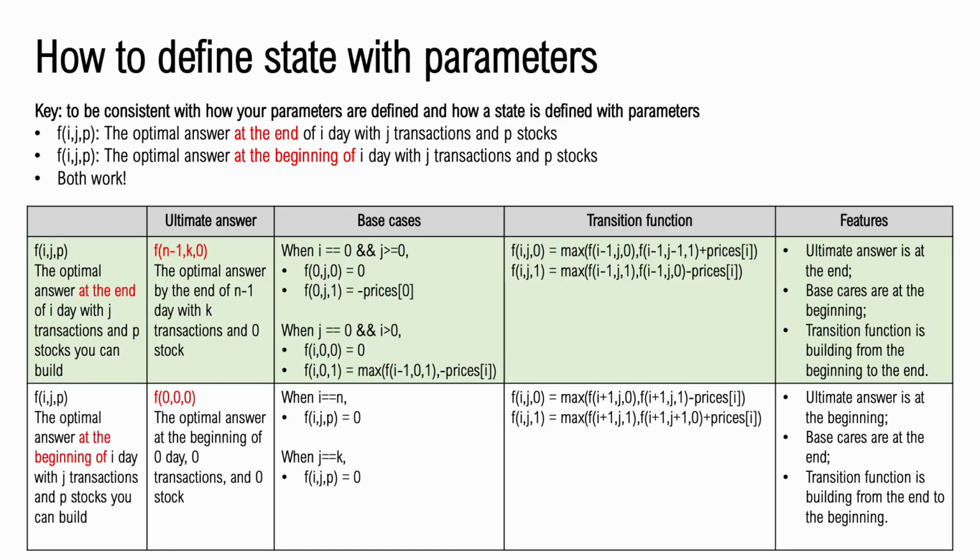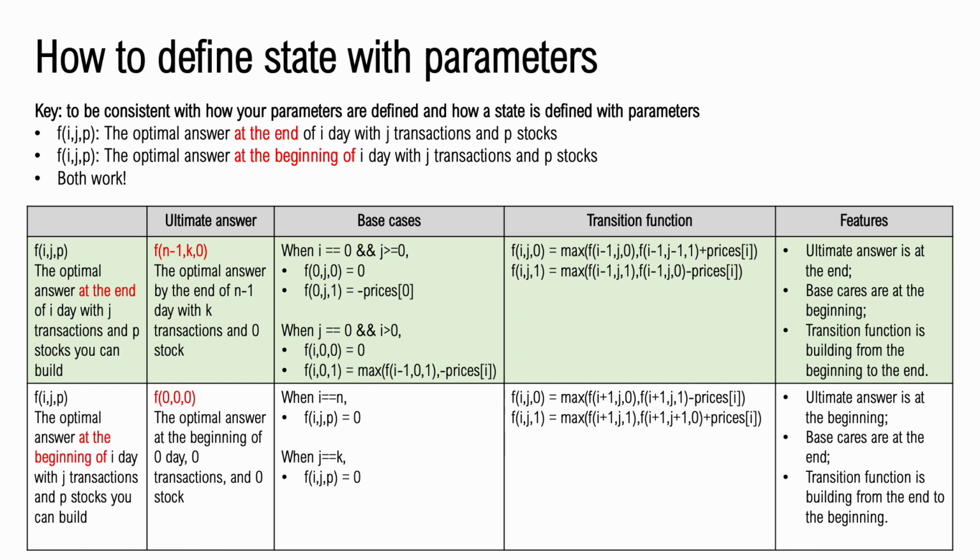So how are we going to define the state with parameters? Basically, how are we going to use the parameters to track where we are on the recurrence tree in the top-down approach, and also where we are in building the table in the bottom-up approach. Like we mentioned, we want to be consistent with how our parameters are defined.